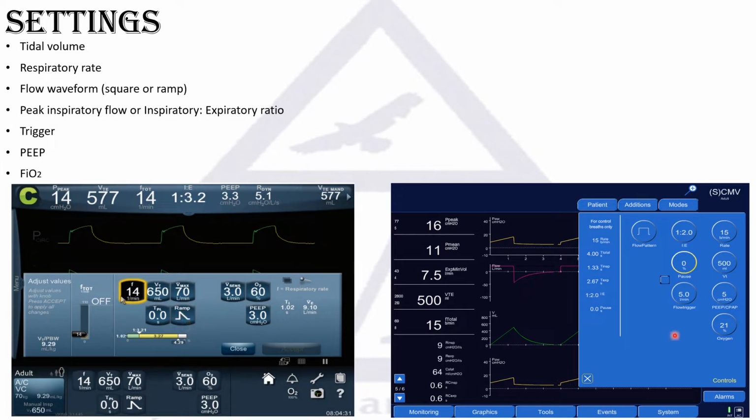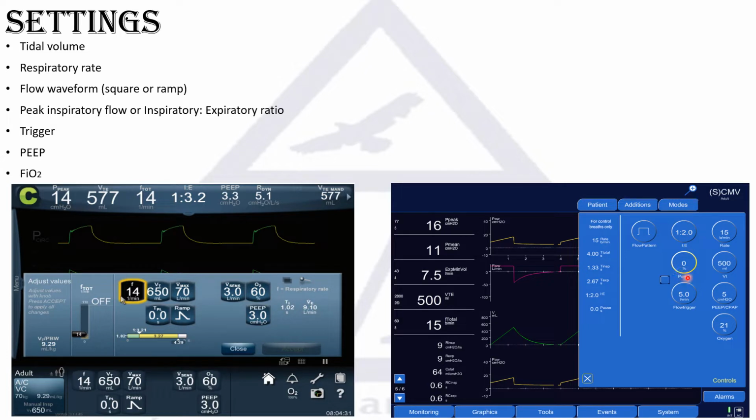Or if you look at the other example here, this is from the Hamilton G5. Again, the respiratory rate, tidal volume, the PEEP, the FiO2. Instead of flow max like here, you pick the inspiratory to expiratory ratio, and then the peak flow might be variable.